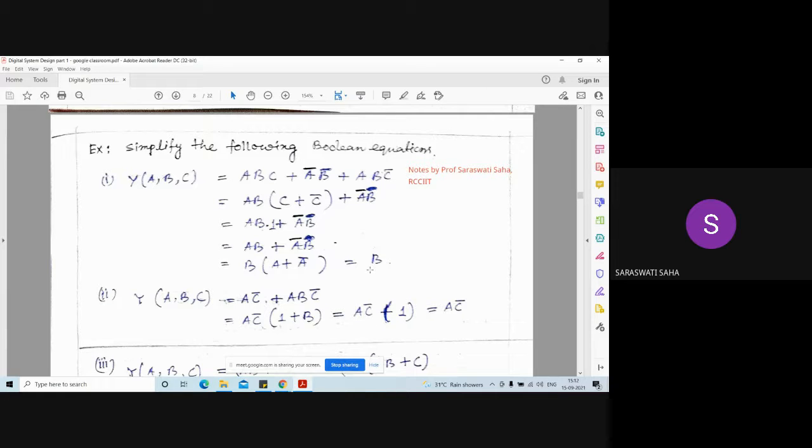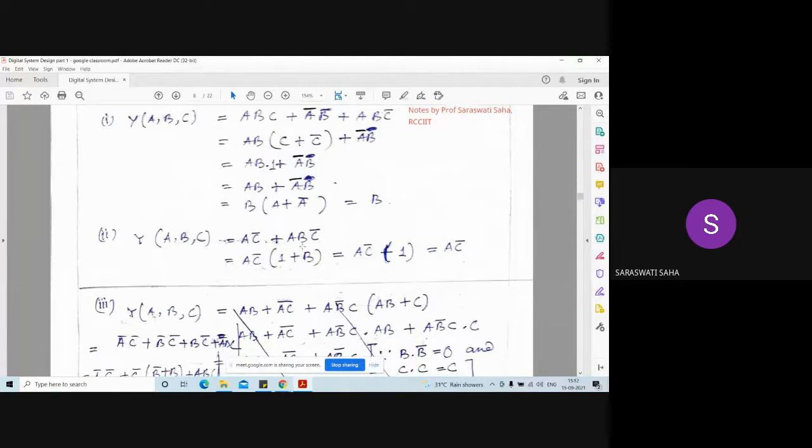Here A C bar plus AB C bar, if we take AC bar common, how can you solve this? Here 1 plus B, and 1 plus B means any variable when ORed with 1, obviously the output will be 1, because it is an OR operation.